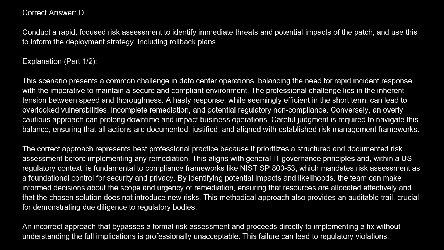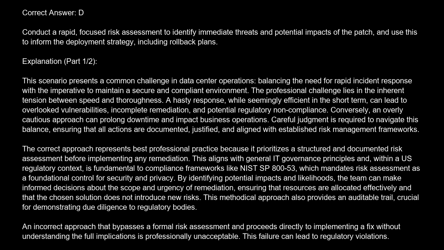The correct approach represents best professional practice because it prioritizes a structured and documented risk assessment before implementing any remediation. This aligns with general IT governance principles, and within a U.S. regulatory context, is fundamental to compliance frameworks like NIST SP 800-53, which mandates risk assessment as a foundational control for security and privacy.